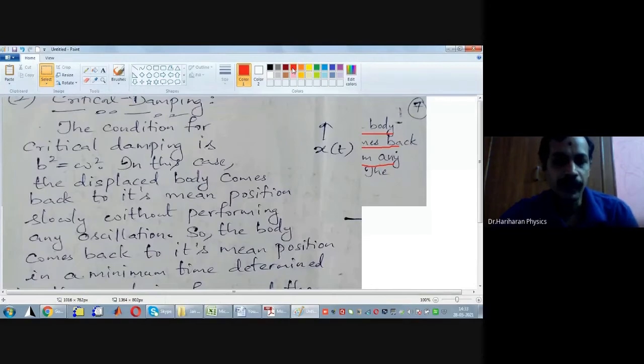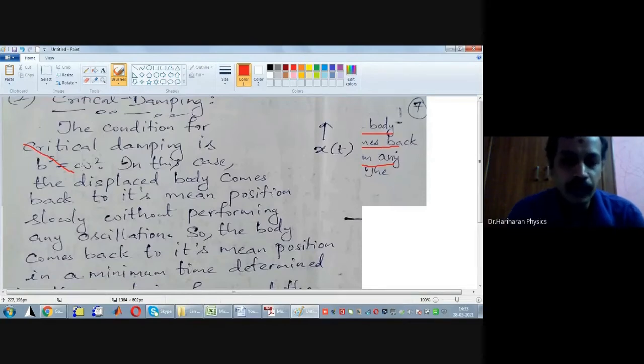The condition for critical damping is B square should be equal to omega square. Correct? In a quadratic equation, when will the two roots be equal? If the discriminant happens to be 0, correct? We say B square equals 4AC there. So what is the condition for critical damping?